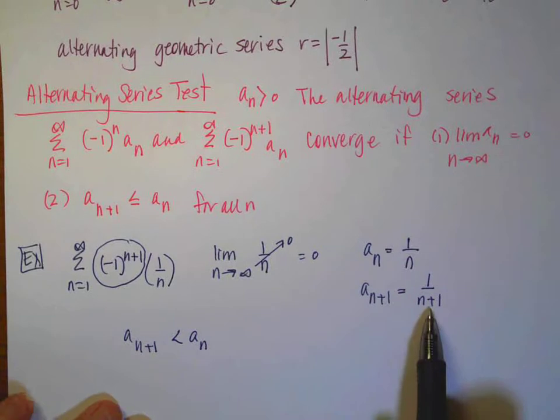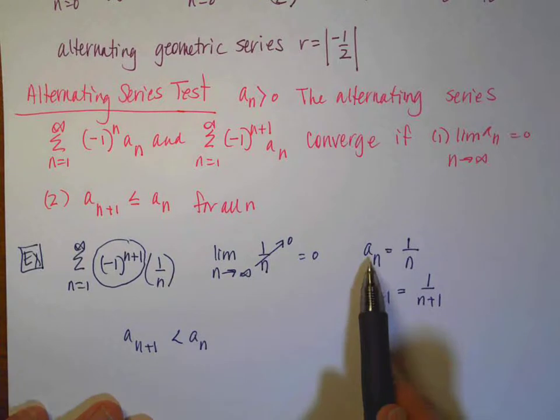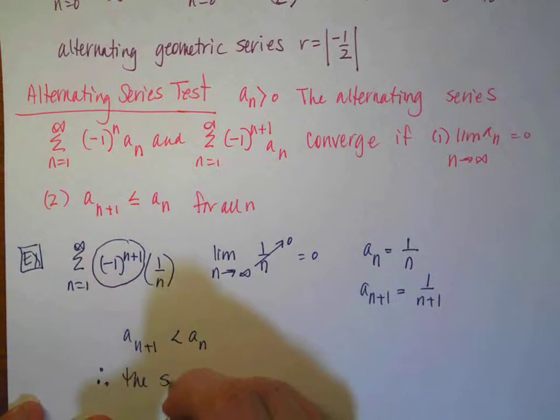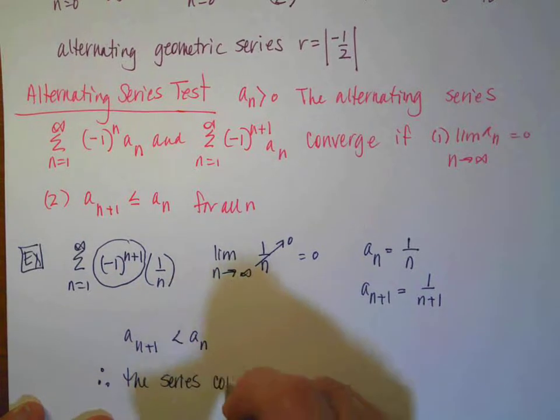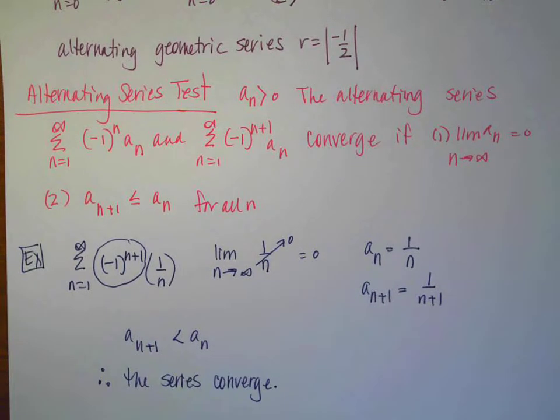And if you think about that, as the denominator gets larger, even if it's just larger by 1, this is going to be a smaller number than this one, and then we would say, therefore, the series is going to converge. All right, so one down, a couple to go.